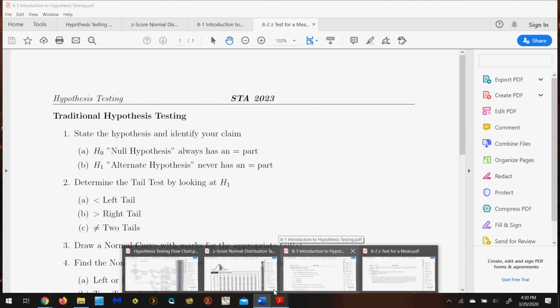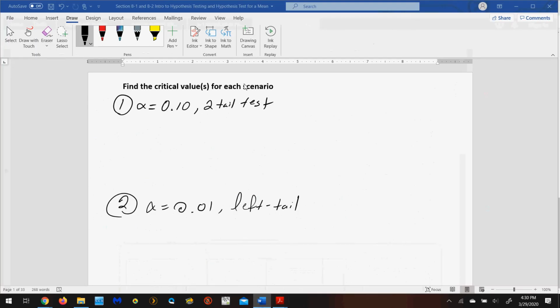Now, the first section starts off talking about this thing called a critical value. A critical value is like a cutoff on a standard normal curve. Alpha is a value of how much you have inside of a tail or tails in total.